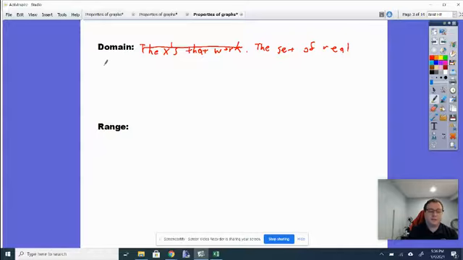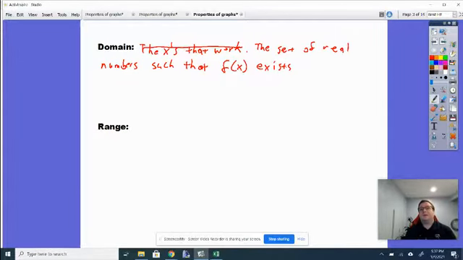But it's the set of real numbers such that f of x exists. Okay, what that's saying is it's the x values I can plug into a function and get a solution.